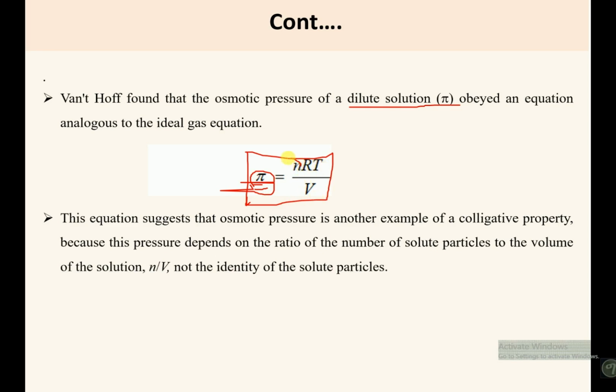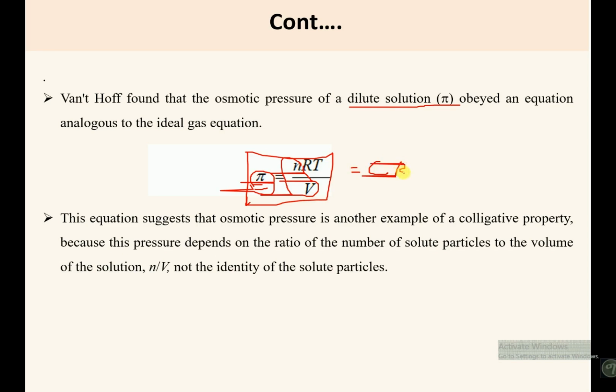But what is n over V? n is the number of moles of the solute present in the solution, and V is the volume. So n over V is simply C, the concentration. C RT.